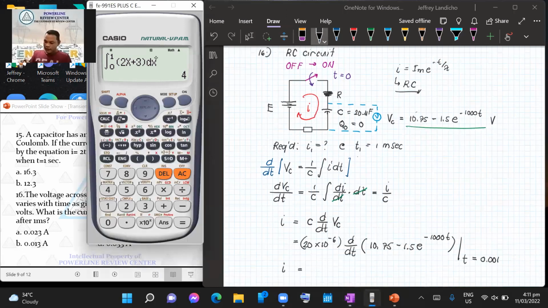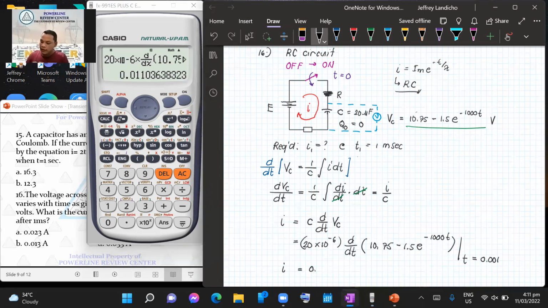Okay? So let us counter check. Micro times derivative of 10.75 minus 1.5 shift e of negative 1,000 alpha x, where x represents the given time elapsed, 0.001 or 1 millisecond. Then equals, so we have the answer.